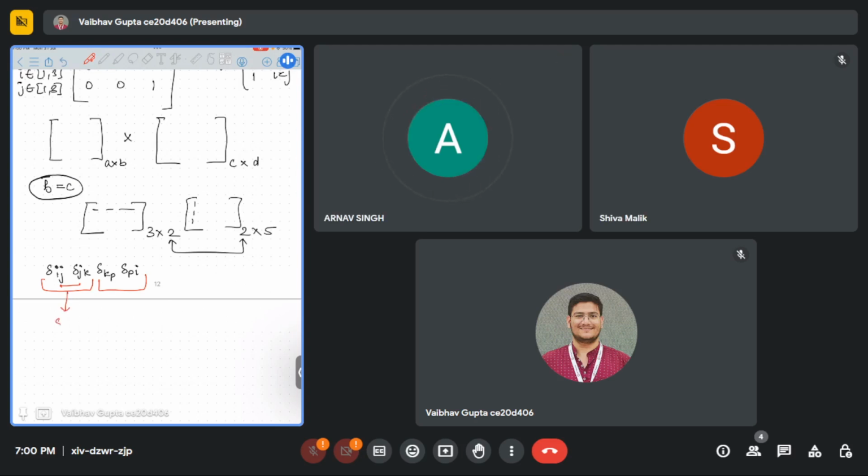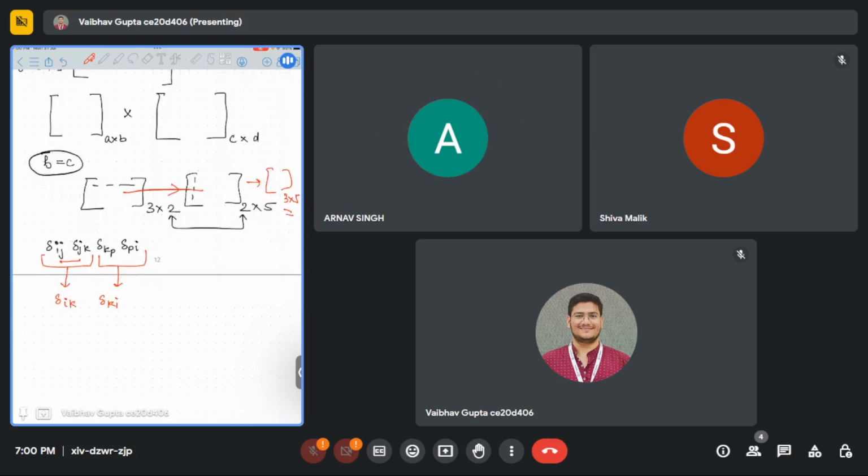What will it become? It will become delta ik. What will this become? p and p are common. This will become delta ki. If we multiply these two matrices also, what will be the new matrix? It will be 3 cross 3 only, no? Yes, sir.